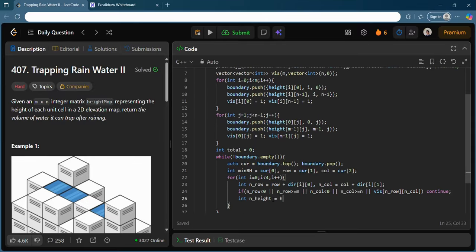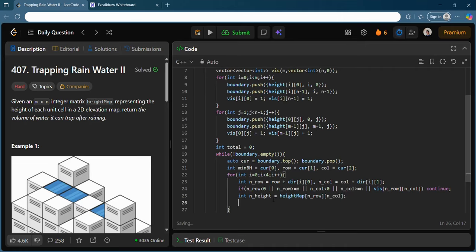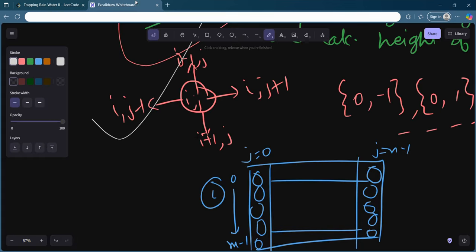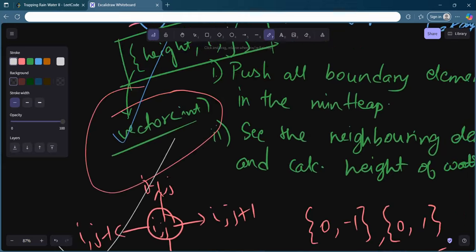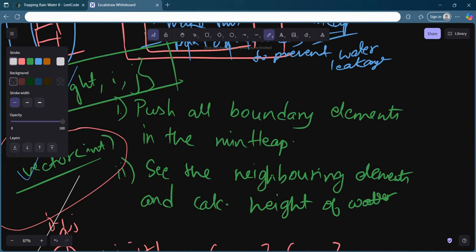And now I can calculate this neighbor height. This is nothing but I can get it from the height map, which corresponds to this particular row and column. So yeah, I got my neighbor height. Now what do I need to do?